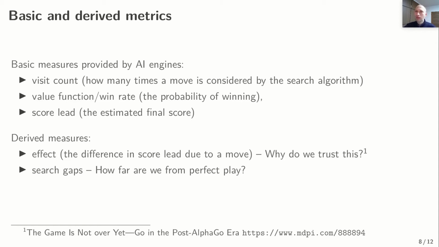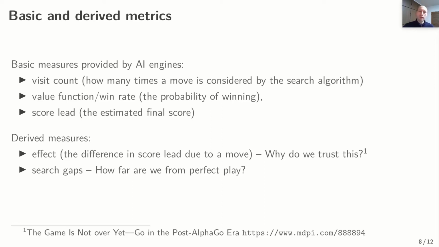It's just how many times a move is considered by the search algorithm, a Monte Carlo tree search algorithm. This is a good proxy, or it can be used to define the value function, which gives for each board position the chance of winning. How good is that board position? The win rate, this value function, tells that.